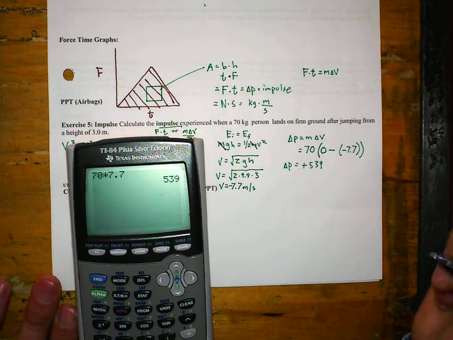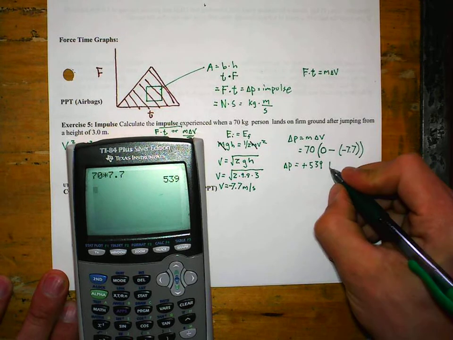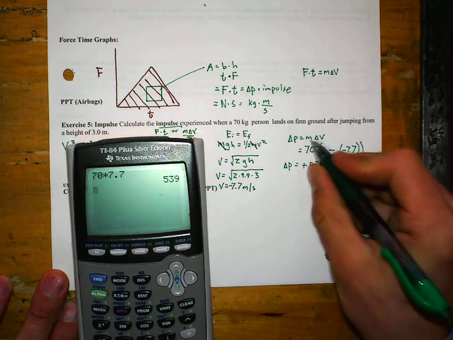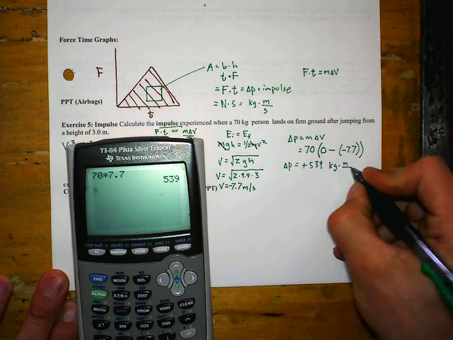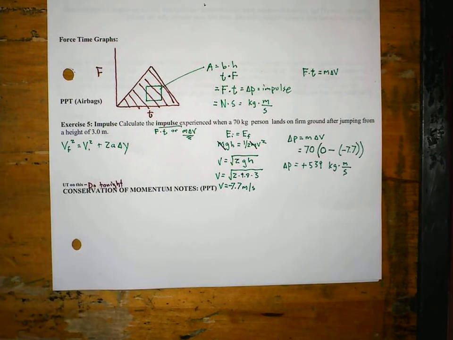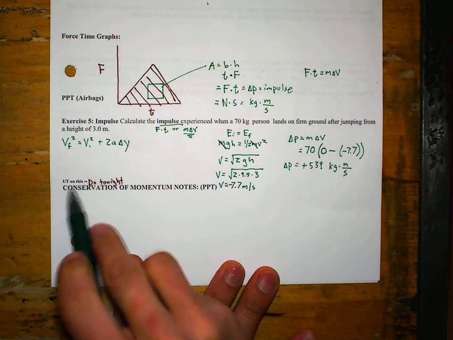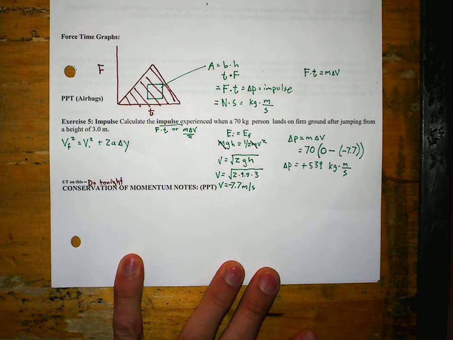What unit should we tack on there? We got kilograms times meters per second. No shorthand to the momentum unit. Questions on that? Typical impulse problem. There's a UT that kind of uses some of that stuff. Let me know if you have questions on it.